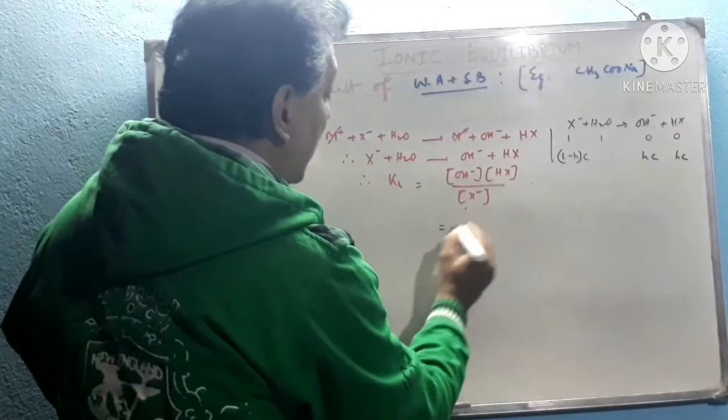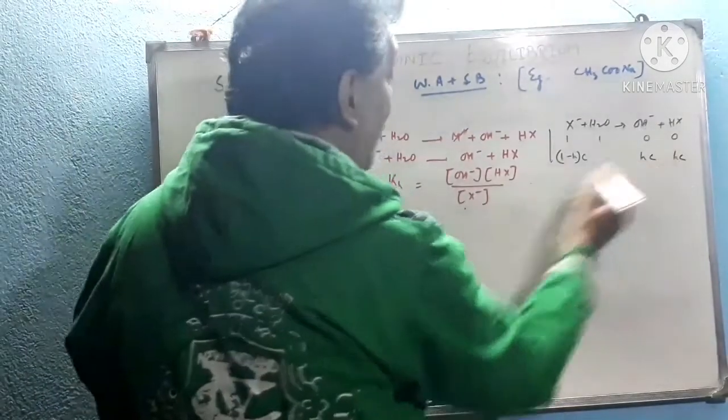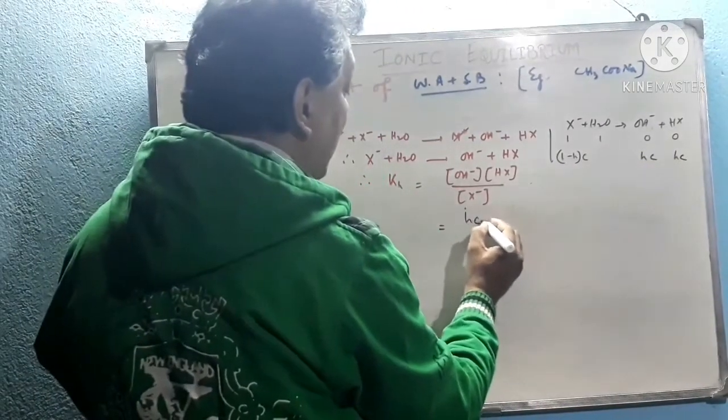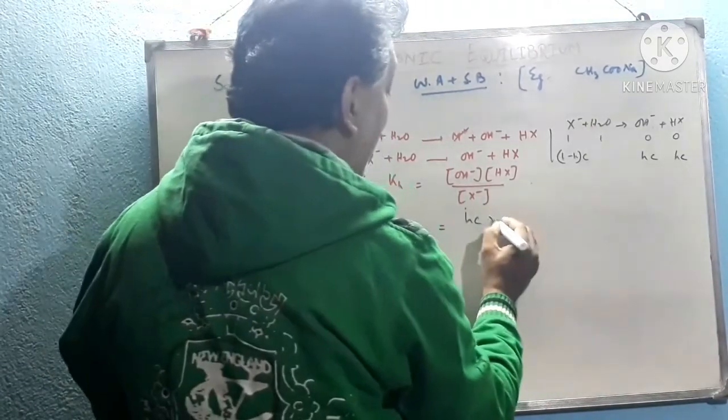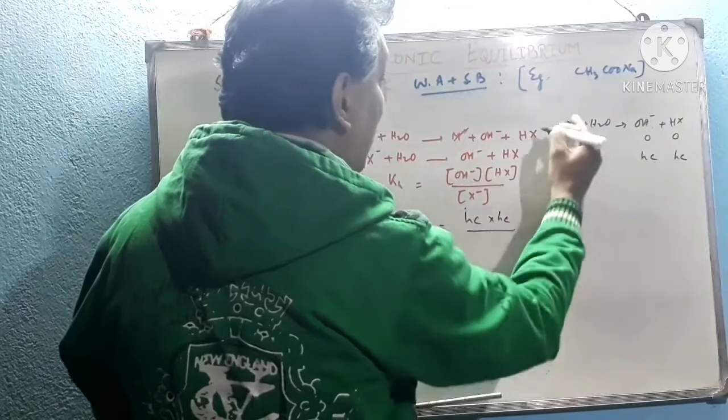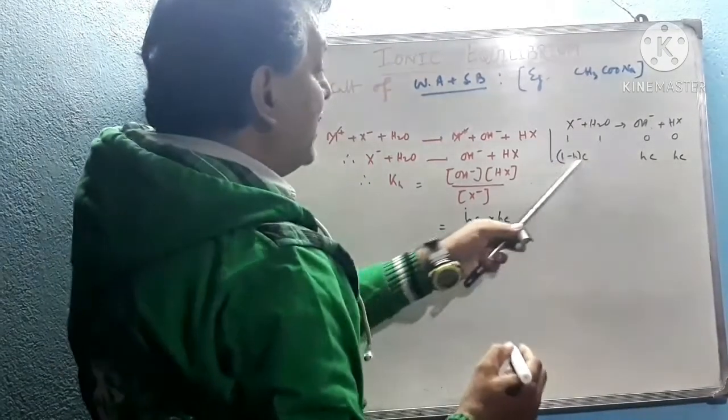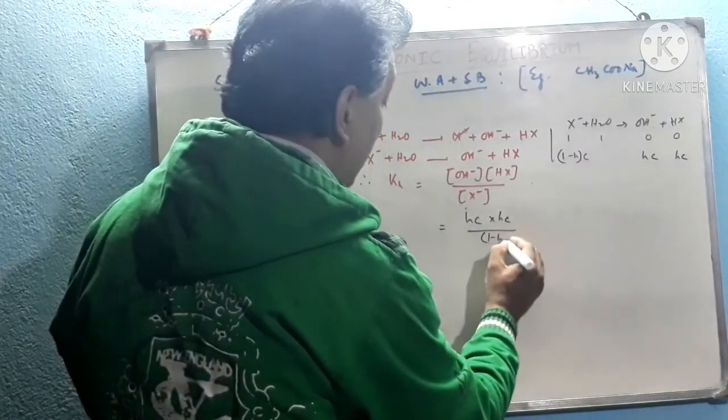Therefore, instead of [OH⁻] we can write hC, because this is the concentration of OH⁻. In the case of HX also you can write hC. In the case of X⁻ you can write (1 − h)C.